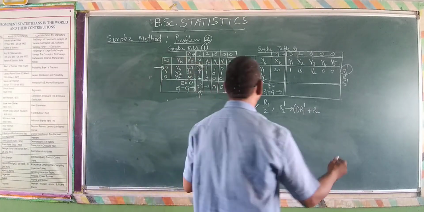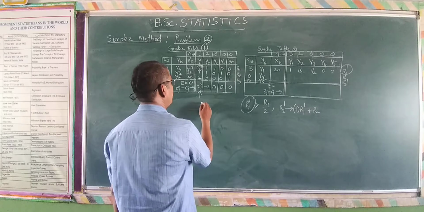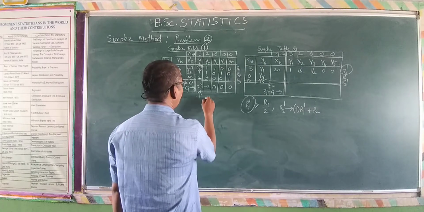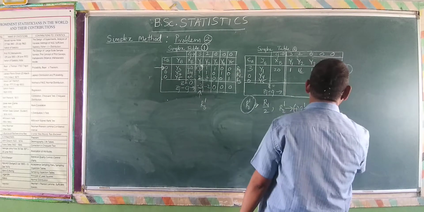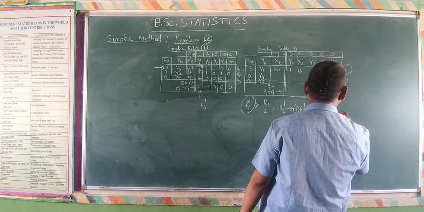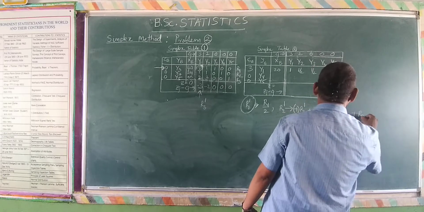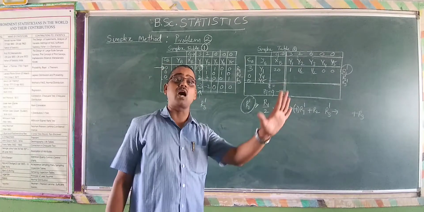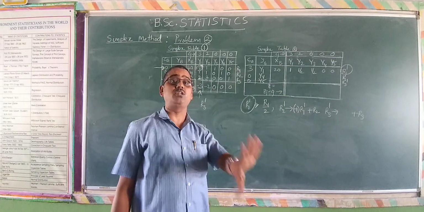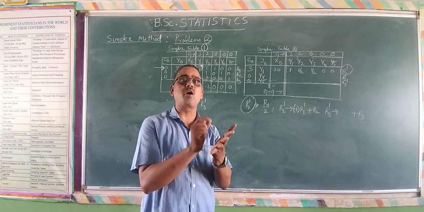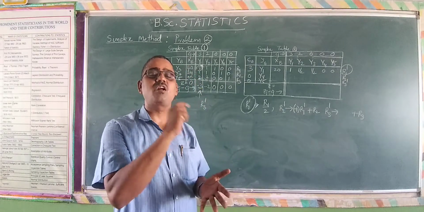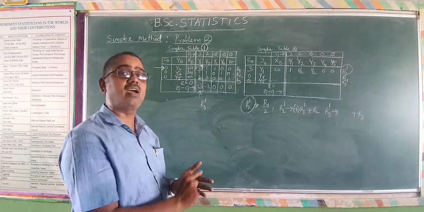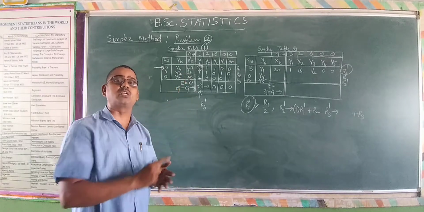Similarly, I write one more operation, R3 dash. It is again plus R3. You should not consider minus R3, because then the basis will be changed. That is a basic important point in the relevant row operations; that is why it was specified as relevant row operations.